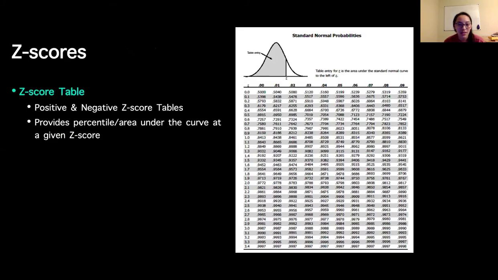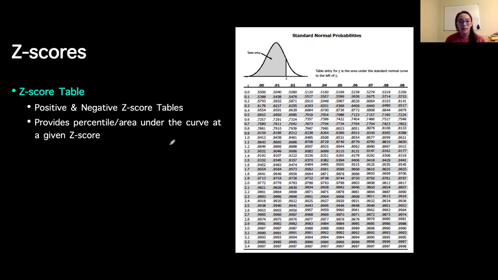All right, so for z-scores we use a z-table, and I know these numbers are super small, but we'll zoom in on this for an example later. We have 2 different z-tables. One of them is positive, the other one's negative. That makes sense because you have positive and negative standard deviations, and a standard deviation is equal to a z-score. What these tables do is tell us the percentile or the area under the curve at a given z-score.